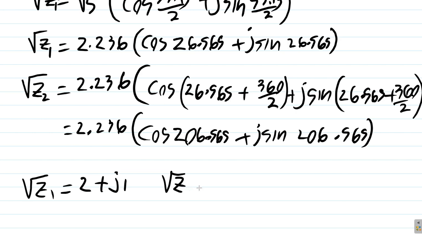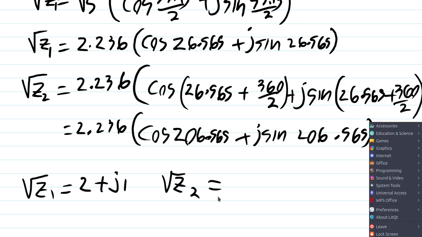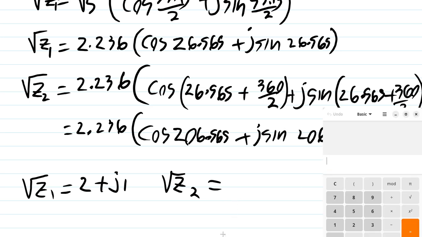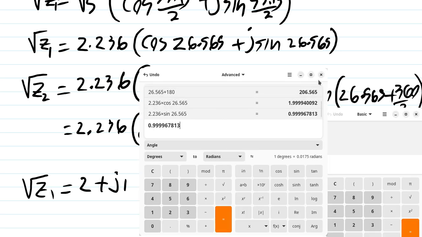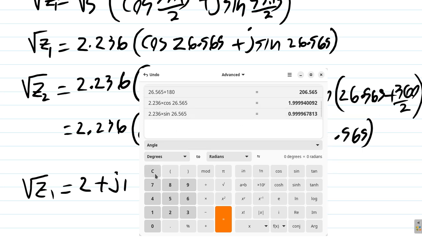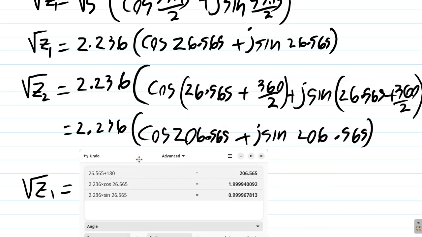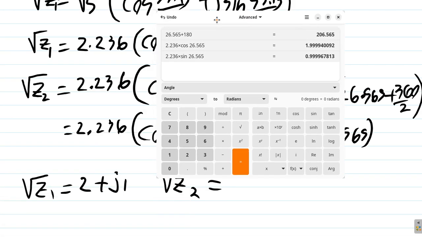And the second square root of z, we want to find out what that is now. Calculator again. So this is 206.